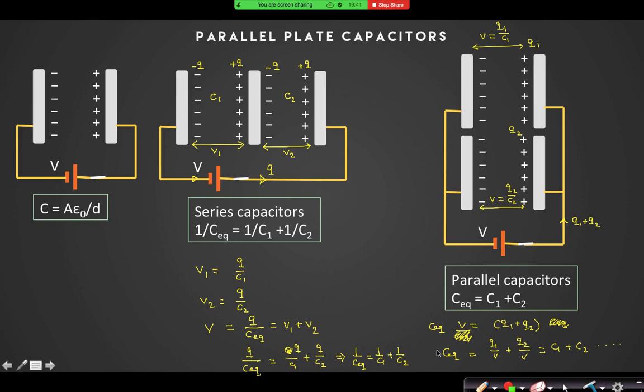So this actually follows the reverse order of resistors. When connected in series, resistors were R1 plus R2, and parallel resistors were 1 by R equivalent equals 1 by R1 plus 1 by R2. The capacitor follows the opposite formula. Is that clear to all of us?